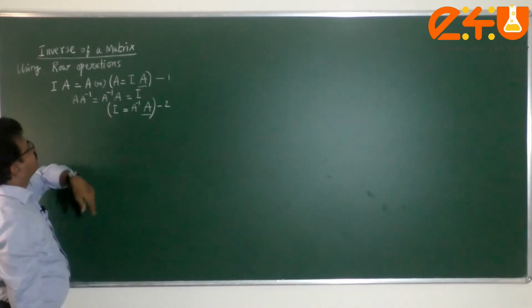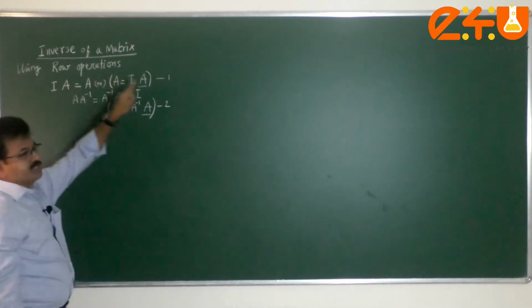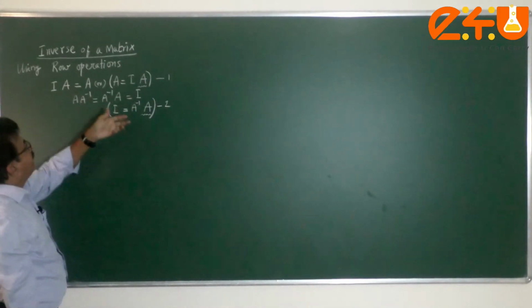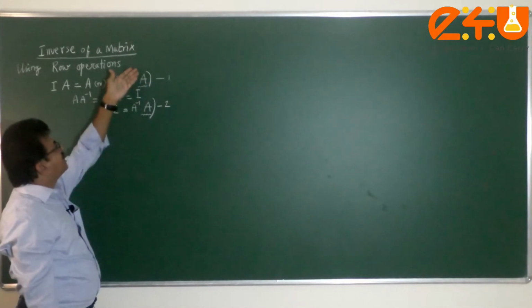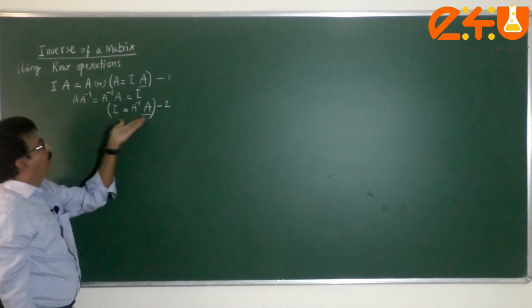So what happens? By continuous application of row operations, we want to ensure the equation in format 1 is transformed completely to the equation in format 2.